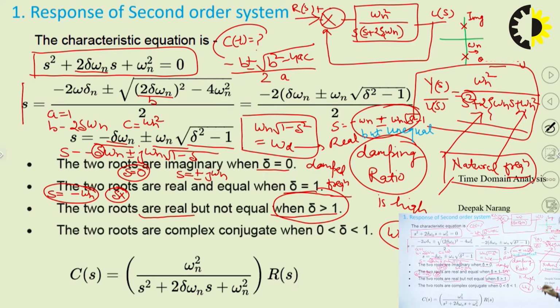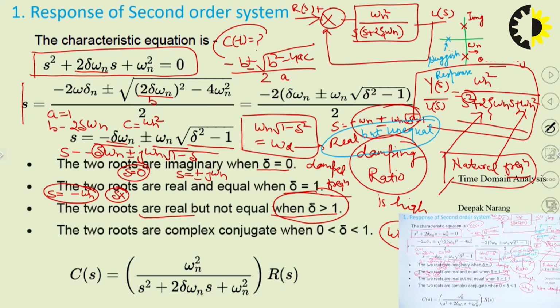So in such a situation, this is the case of over damping, and the roots will lie somewhere here, and here the system will have a sluggish response.